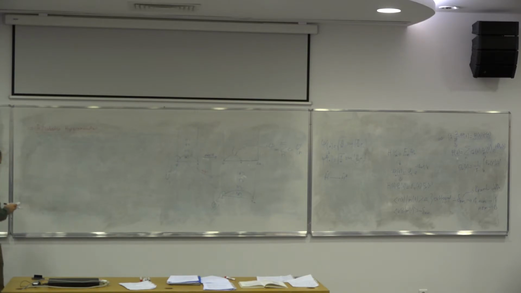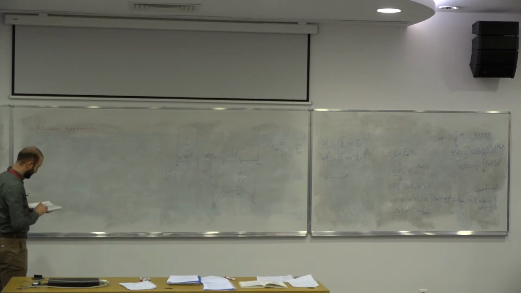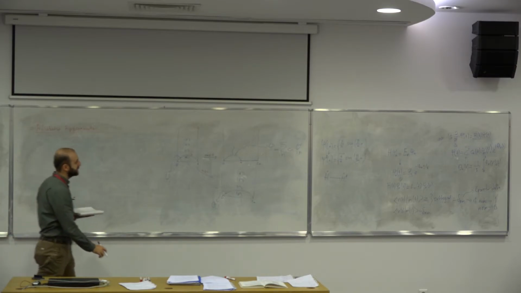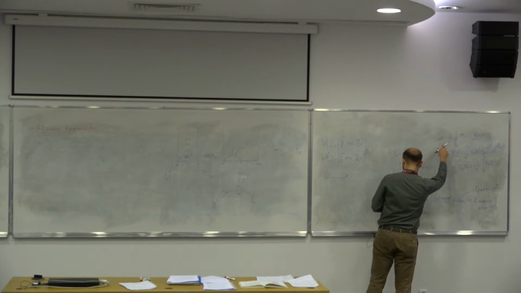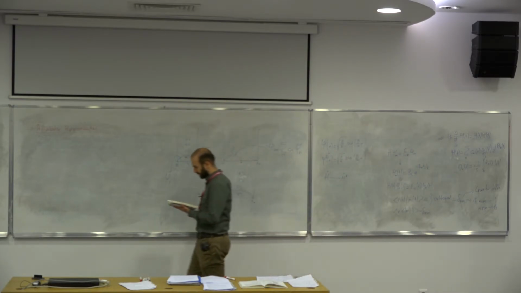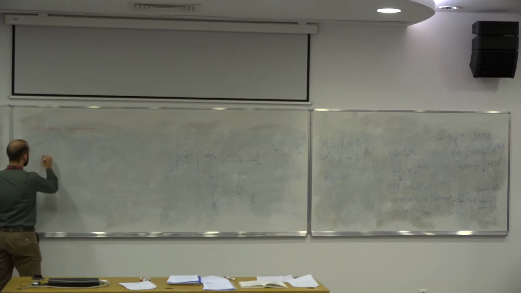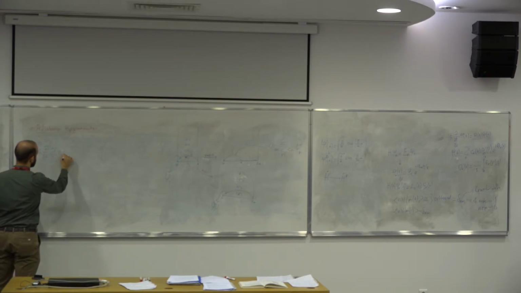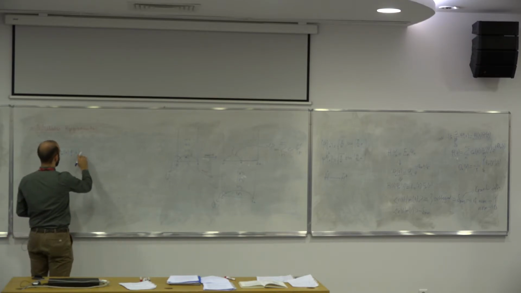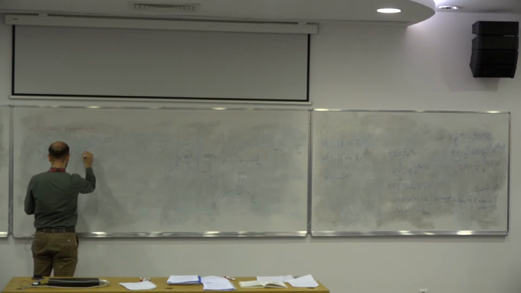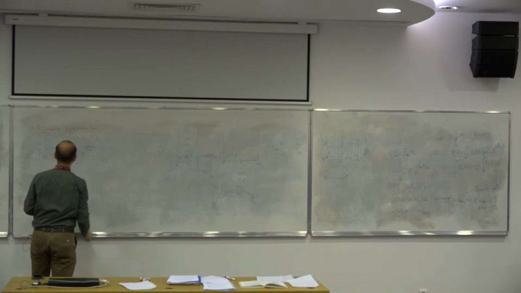So now if I plug that expression for the wave function into the equation, this is what I'm going to get. Now iħ ∂/∂t sum over n of C_n(t) φ_n(t), then I have e^{iθ_n(t)}.